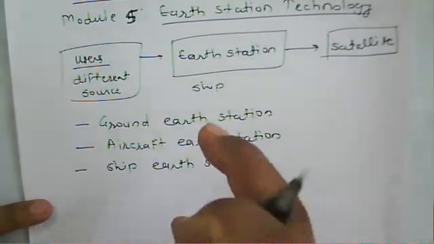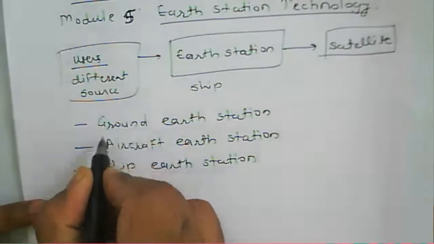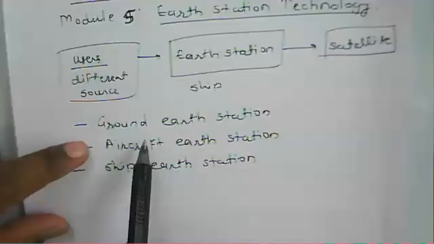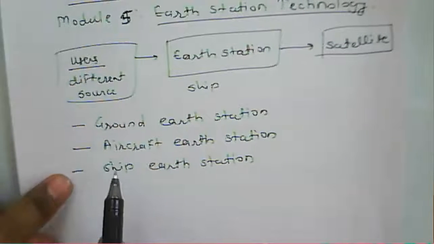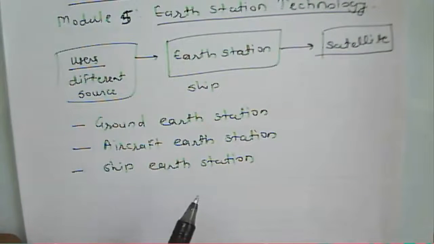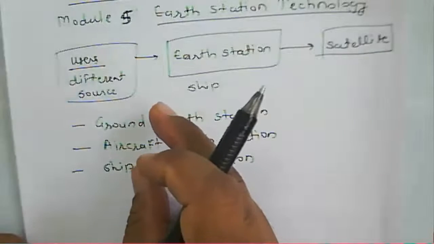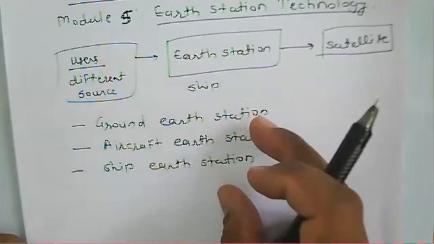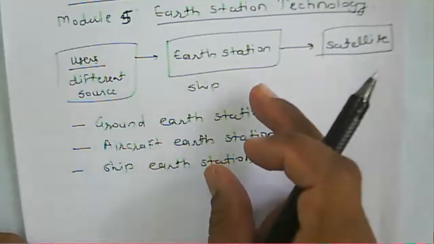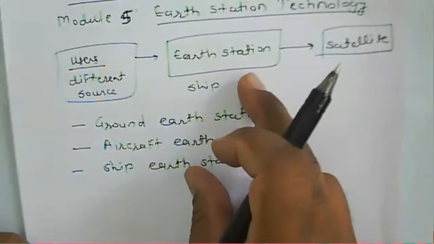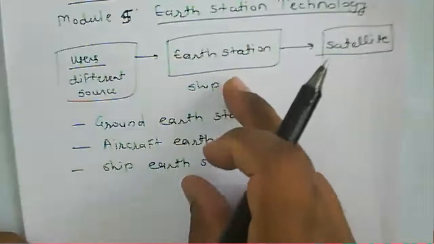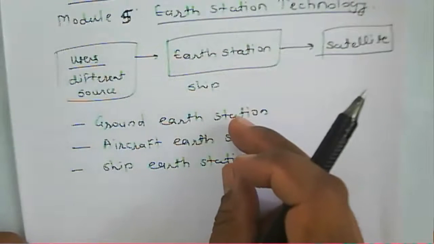So now, that Earth station, whether it is present on the ground, aircraft or a ship, has some components, subsystem components, and that subsystem will process the signal.